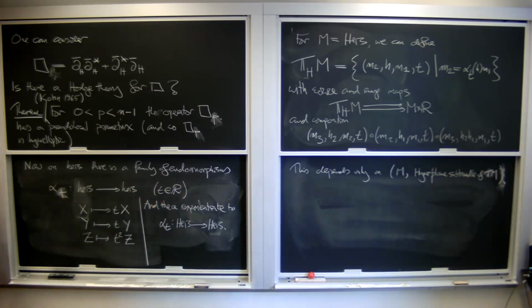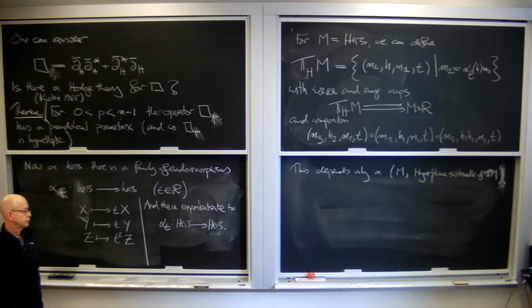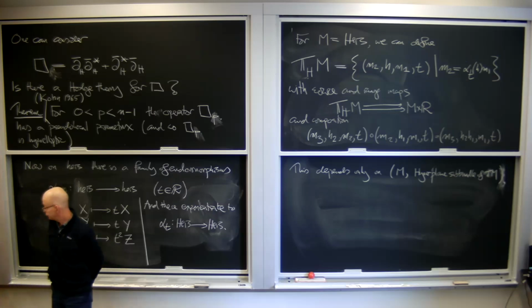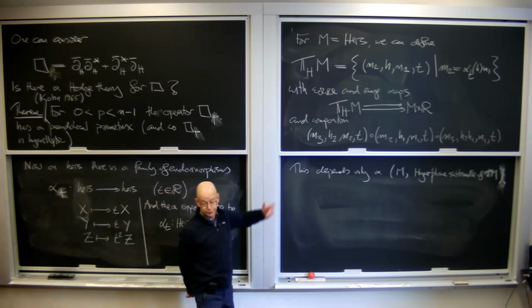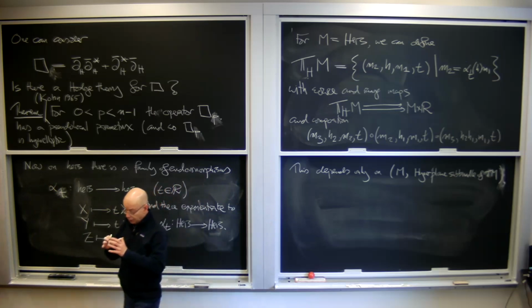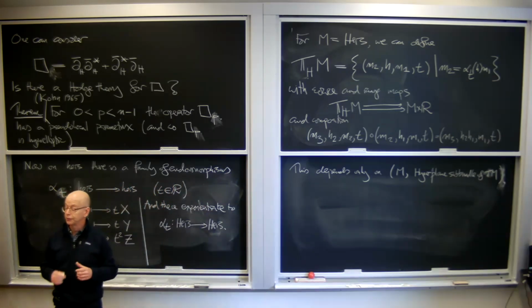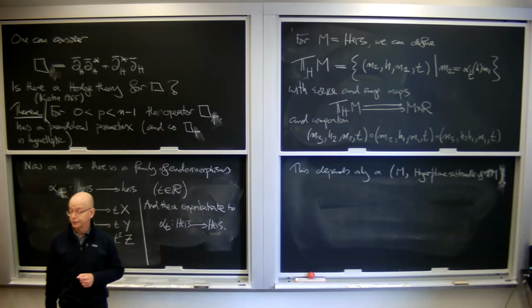Which is to say that if you have a diffeomorphism of M, or a local diffeomorphism of M, which preserves the hyperplane bundle in the sense we were describing before, it naturally gives rise to a local diffeomorphism of parts of the tangent groupoid, this H tangent groupoid.